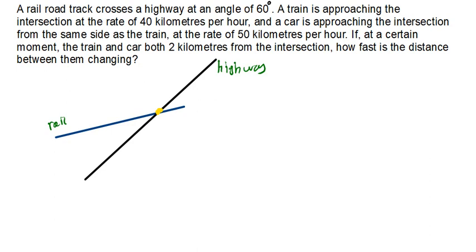So the angle in between the rail and the highway, we have been given as what? As 60 degrees. So the angle there is 60 degrees. If we say this is our train here, we just have something like a figure to give us a guide.